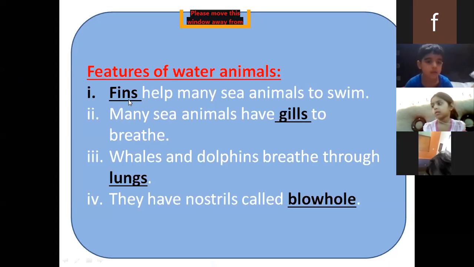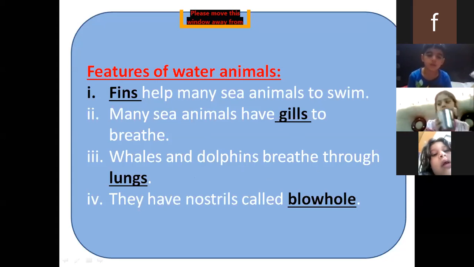Now, many sea animals or water animals have gills to breathe. They breathe through gills, okay? Then whales and dolphins breathe through lungs, okay? They don't have gills, they breathe through lungs. Then they have nostrils called blowhole, okay?